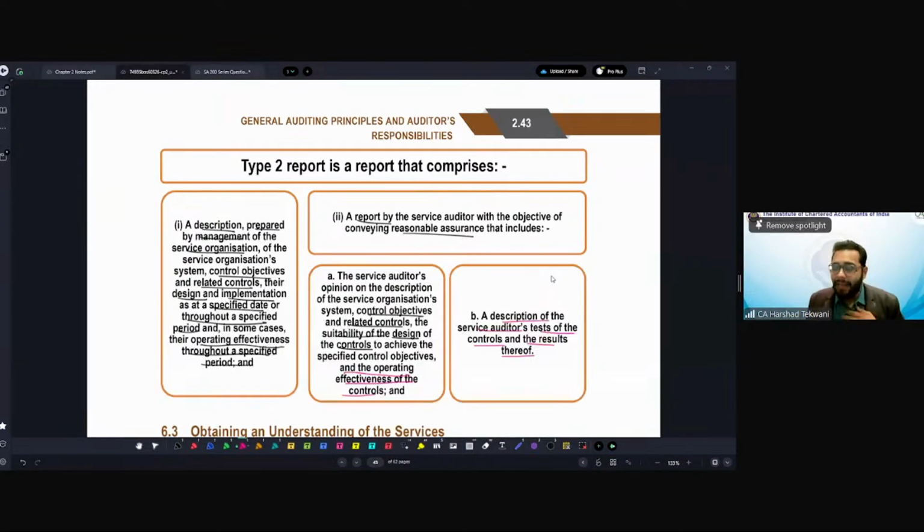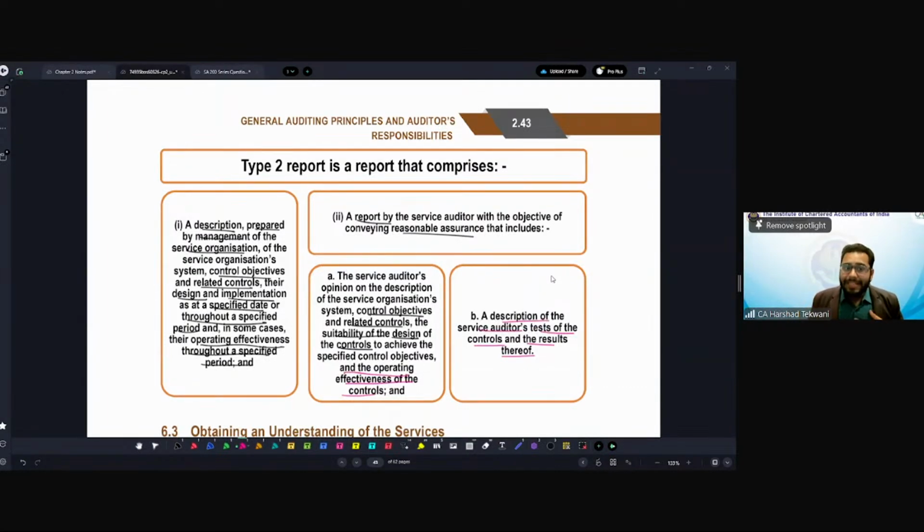When I say design, I'm just doing design testing. But to comment on the operating effectiveness as a service organization's auditor, I need to do more testing. Only then would I be able to say that throughout the period the controls were operating effectively.